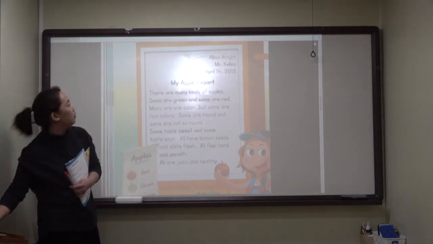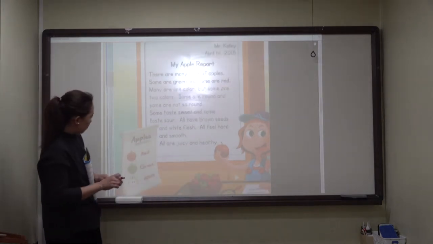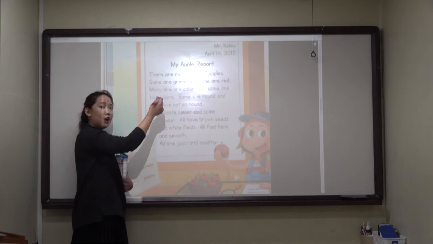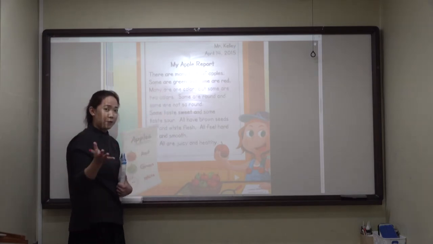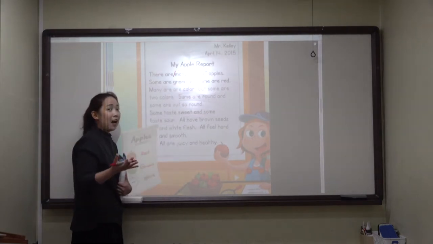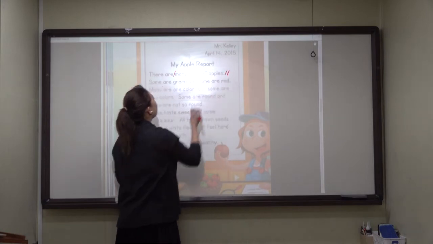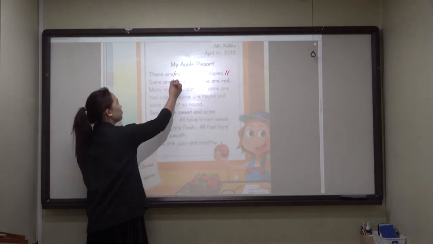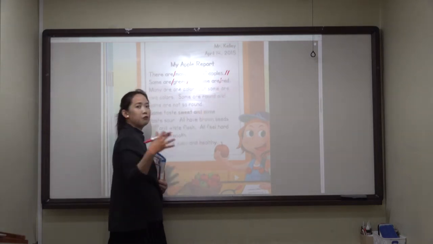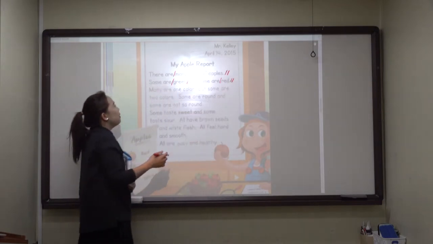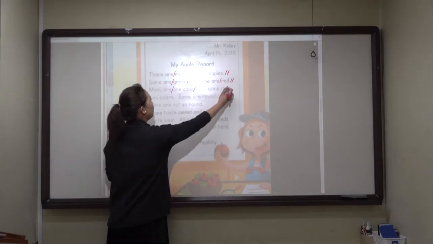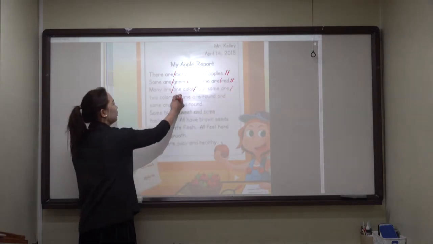All right, now let's read this together. I'm going to pause as I put slash on the phrases. Repeat after me, okay? Let's start. There are many kinds of apples. Some are green and some are red. Many are one color, but some are two colors.